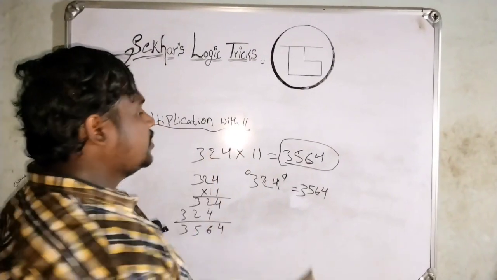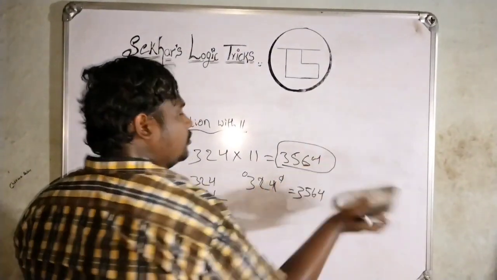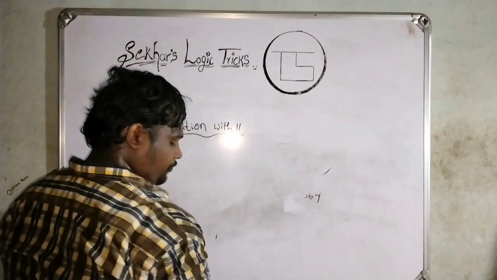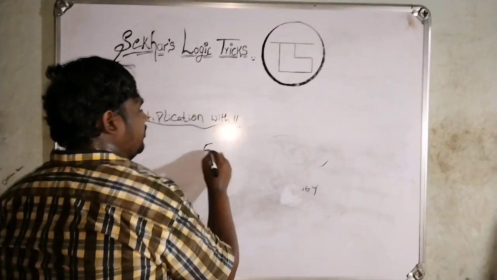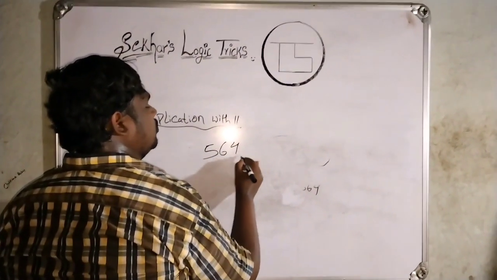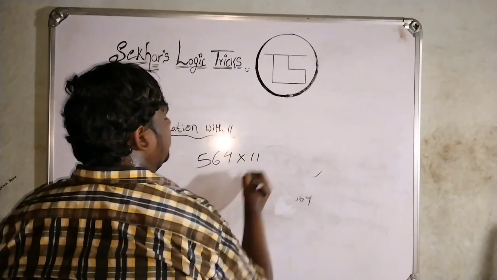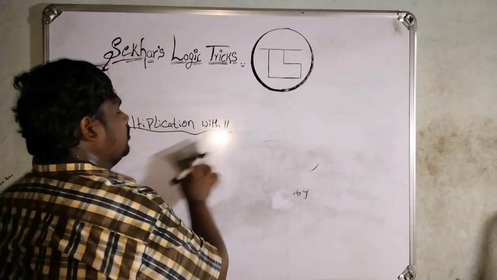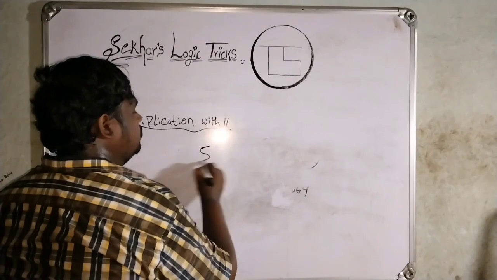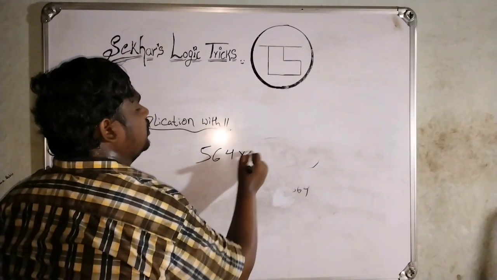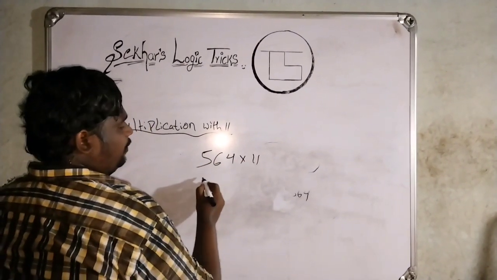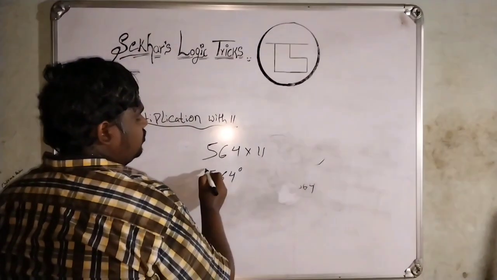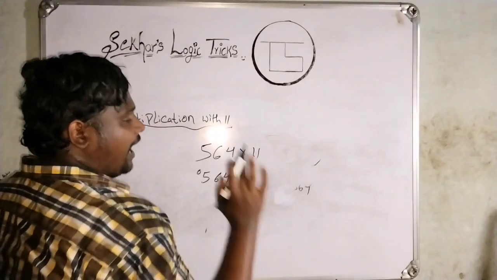Let us discuss two more examples. See, 564 into 11. Place 564, and place 0 at both ends.